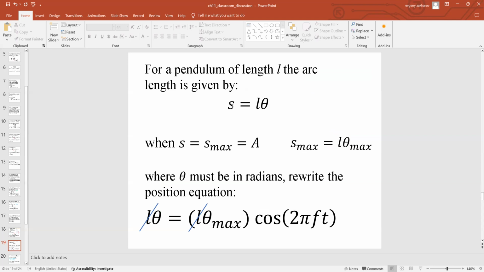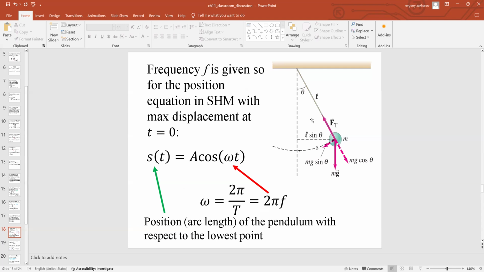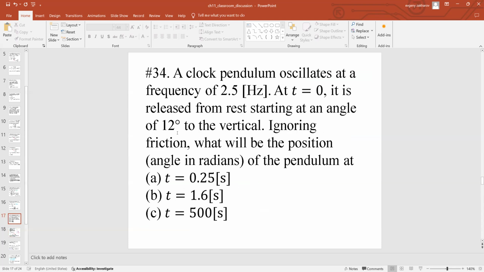So the maximum position is... Sorry, the headset turned off again. So maximum change in position is the radius, which is your L, times the maximum angular displacement, which is maximum angle that is given at what? 12 degrees.